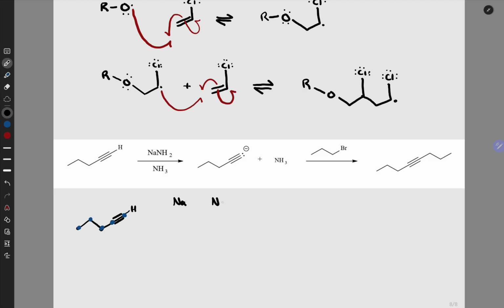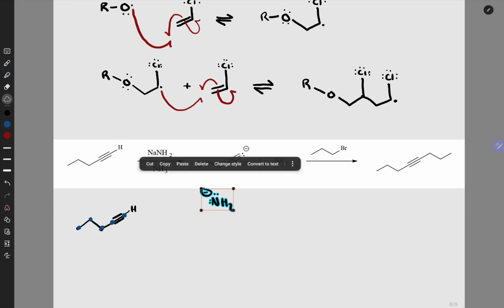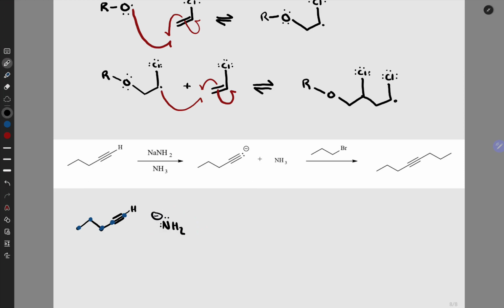Naturally, you're going to actually see this split up. You're going to see them coupled together in a reaction there, but they're actually going to look like this. So you can get rid of the Na part of it, the sodium part, and you can just throw in NH2 there.